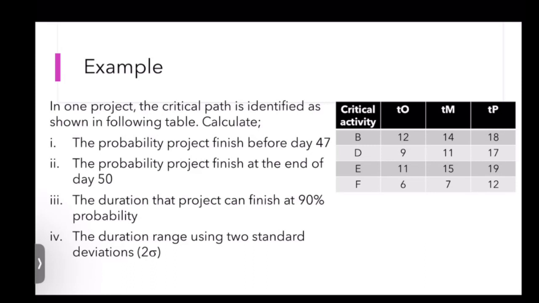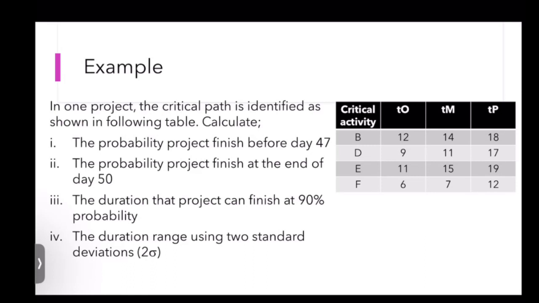Second, the probability of the project finishing at the end of day 50. Third, the duration in which the project can finish at 90% probability. And last, the duration range using two standard deviations.